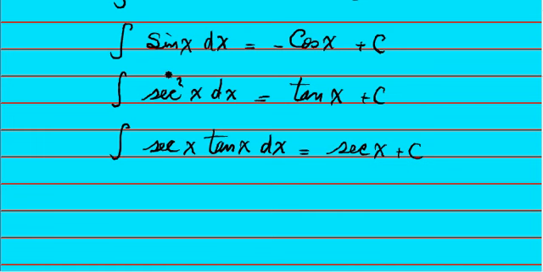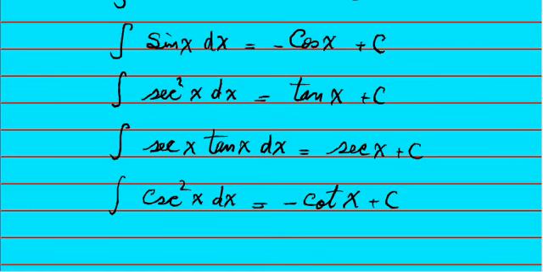Now you have the other side of the coin with all of these things. Of course, you have, for cosecant square of x, you remember that if you have cotangent, the derivative of it would have been minus cosecant squared. So if you want cosecant square, start with minus cotangent of x plus a constant.